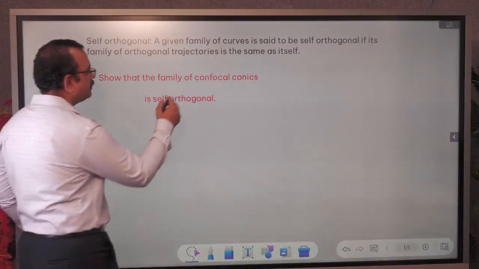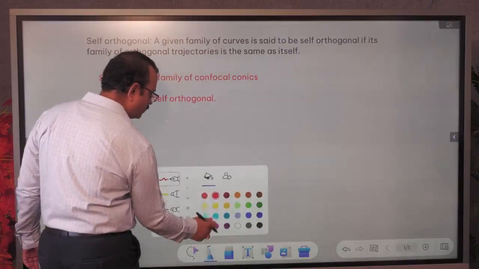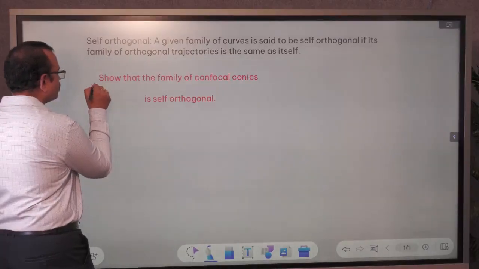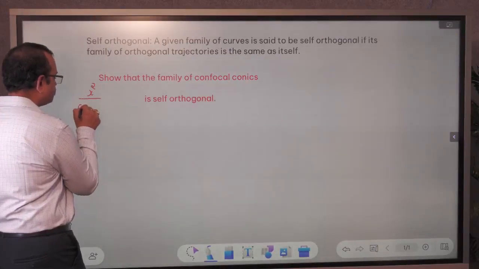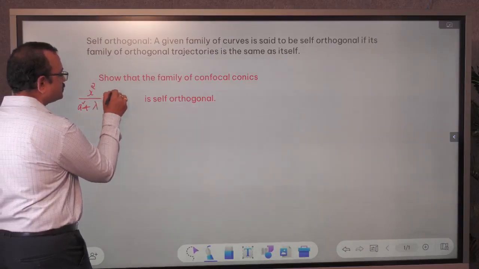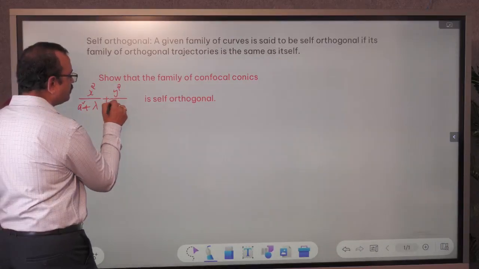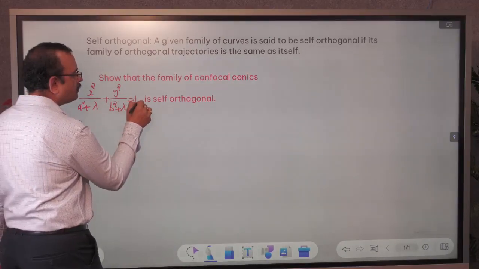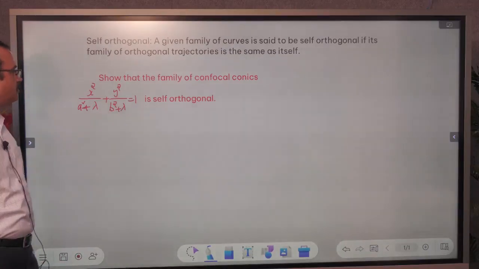Show that the family of confocal conics given by x square by a square plus lambda plus y square by b square plus lambda is equal to 1 is self-orthogonal.